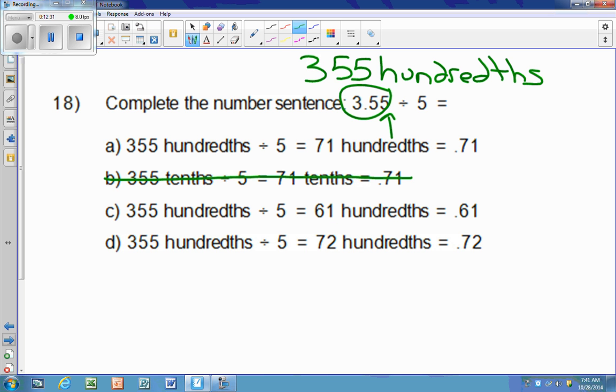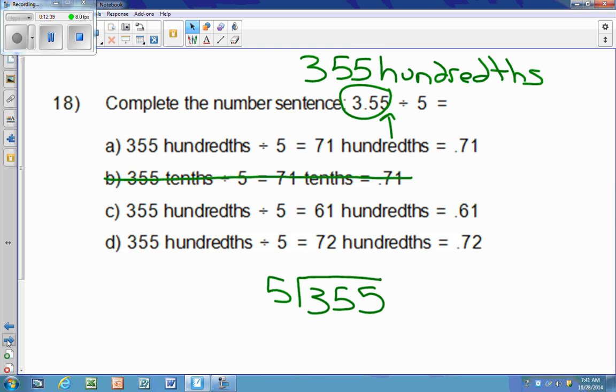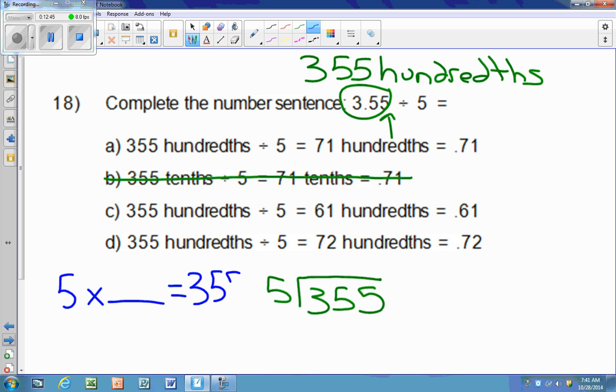And then we know I'm dividing by 5, so then I can set it up on the side over here. Or we can set it up where we say 5 times what equals 355. So in this case, we can do our division.